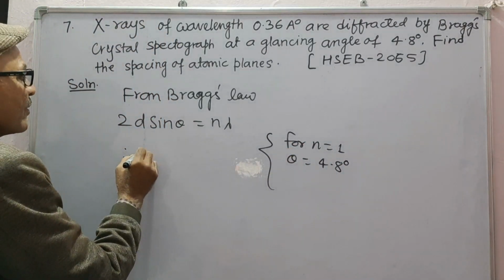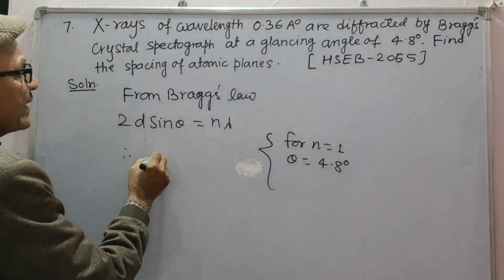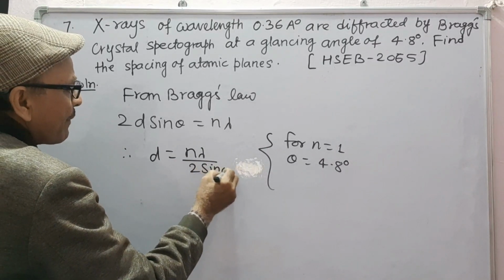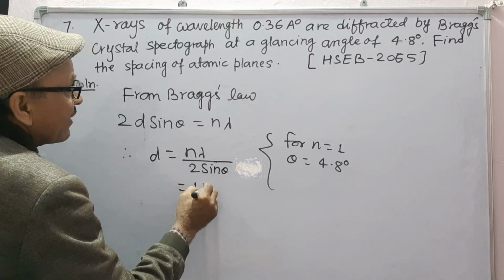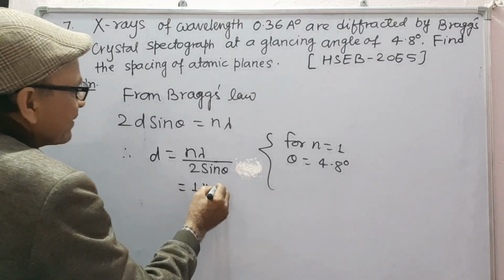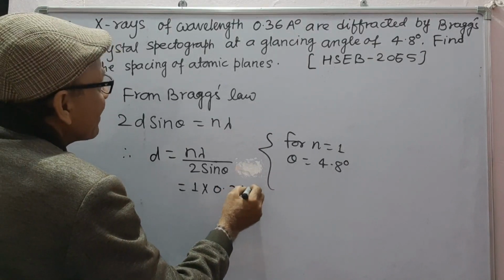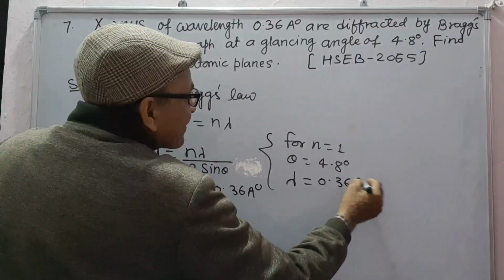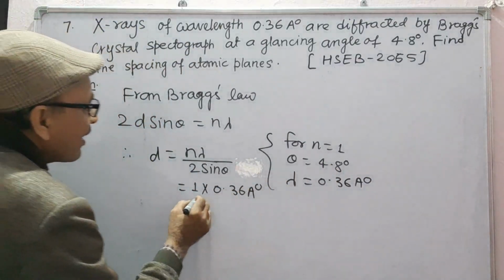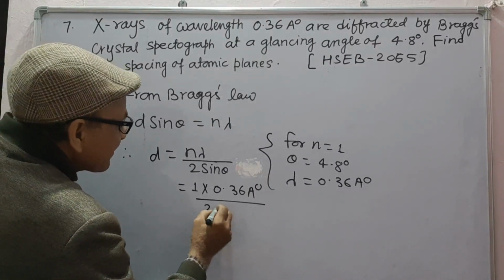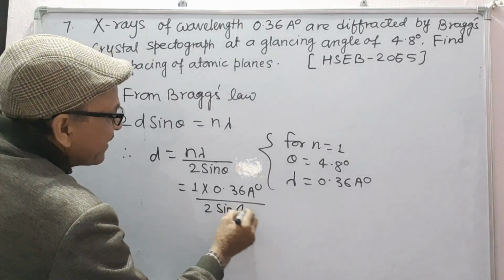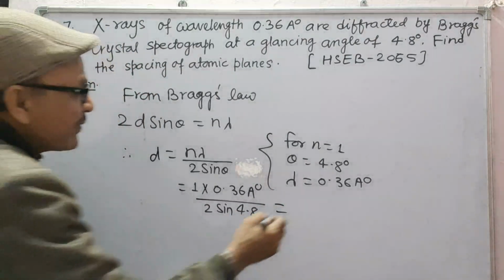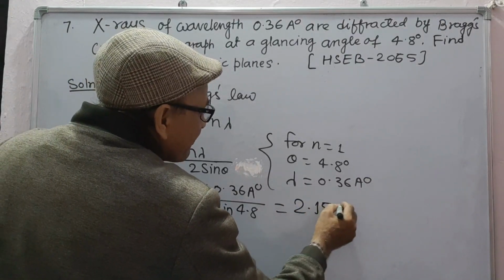Therefore, d will be equal to n lambda upon 2 sin theta. N is 1, lambda is 0.36 angstrom, upon 2 sin 4.8 degree. On simplification we get d as 2.15 angstrom.